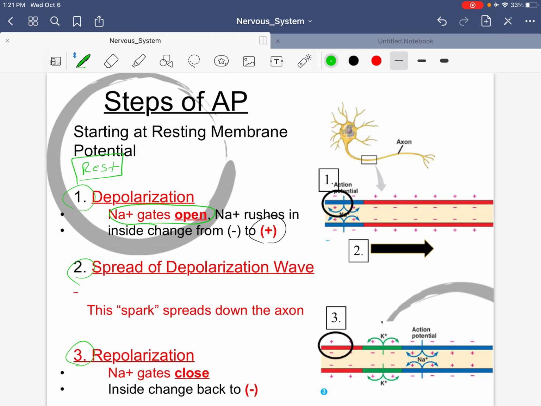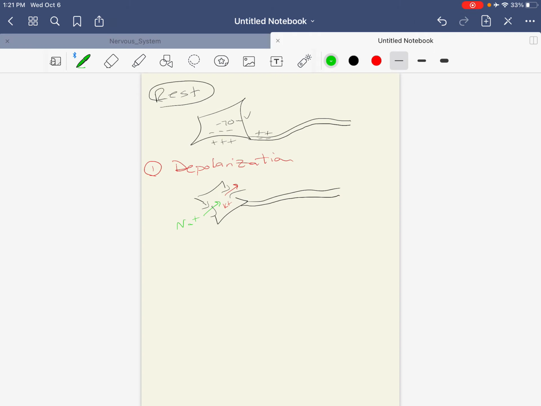Right. Well, what happens if we suddenly open a lot of sodium channels? So in addition to just that one, now we open more. So what's happening with the ions? We have a sudden influx of sodium. Remember the sodium's coming in here too.